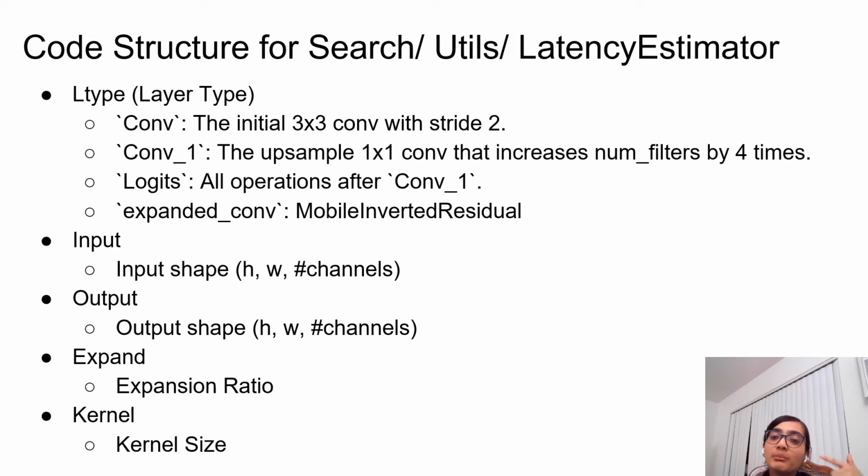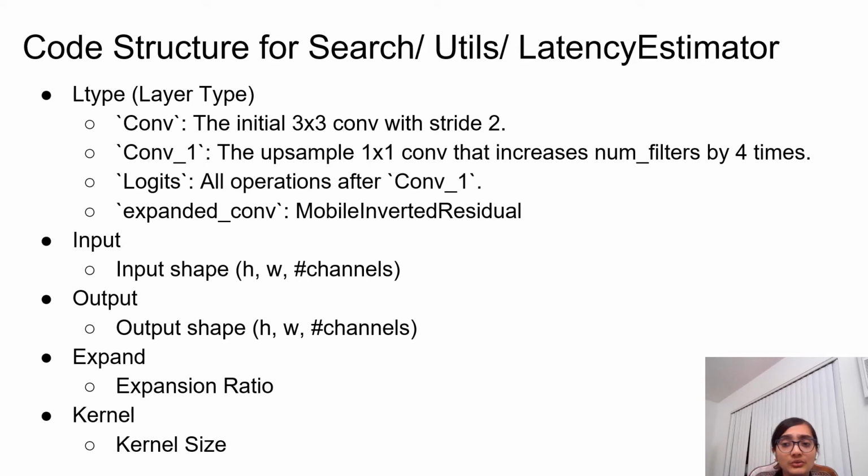Based on the particular layer, you have the input shape derived, and the output shape again has the height, the width, and the number of channels in the network.